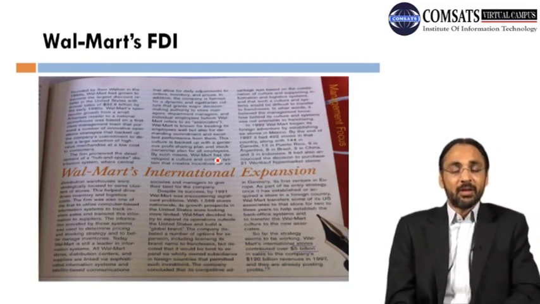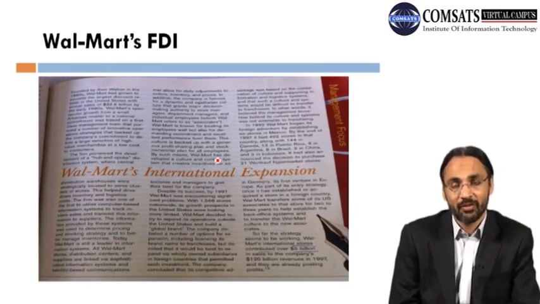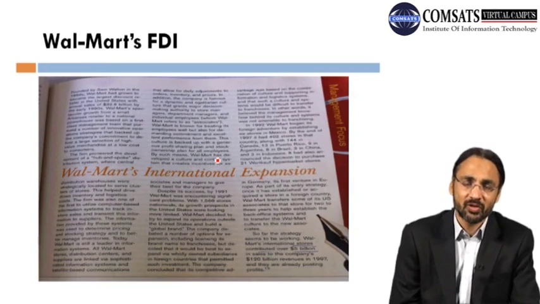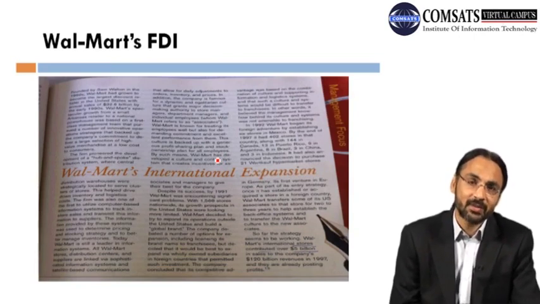They were the first retailers, the first company, to introduce an information system connected with their suppliers, and the suppliers automatically know the stock position. If the number of some products is going down, they ship those products immediately to those stores.